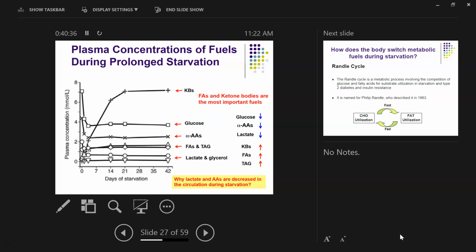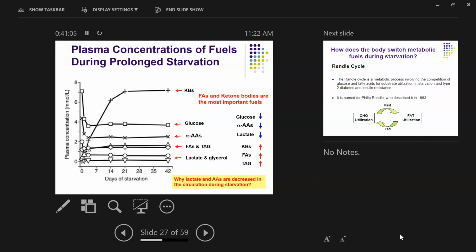So the question here is, why are lactate and amino acids decreased in the circulation during starvation? Because we know lots of tissues try to spare glucose and only do partial oxidation of glucose, right? Well, we expect lactate should be produced a lot, right?